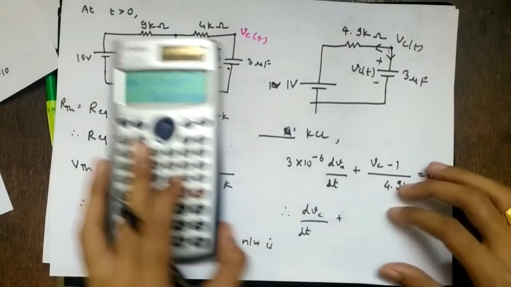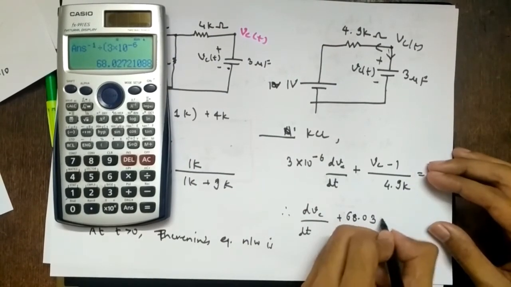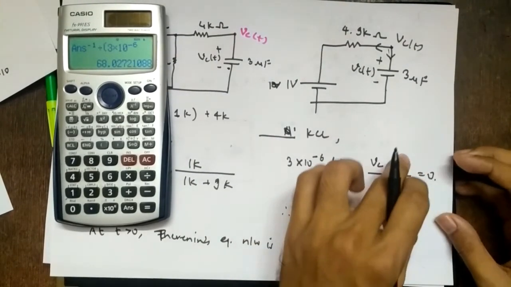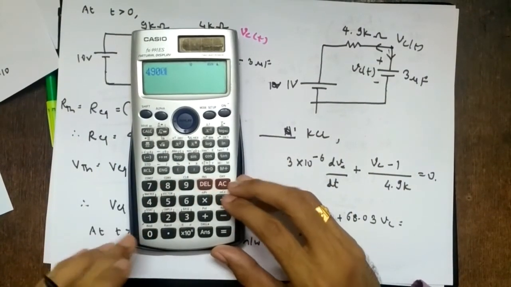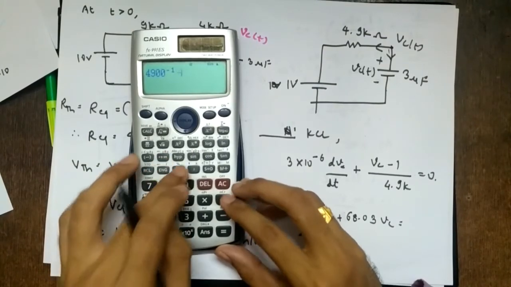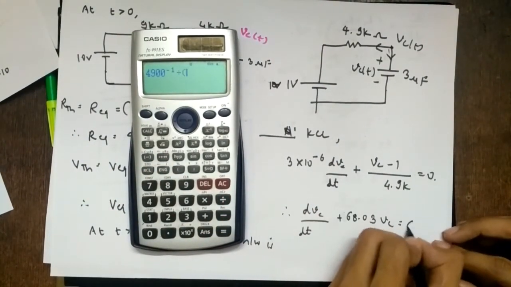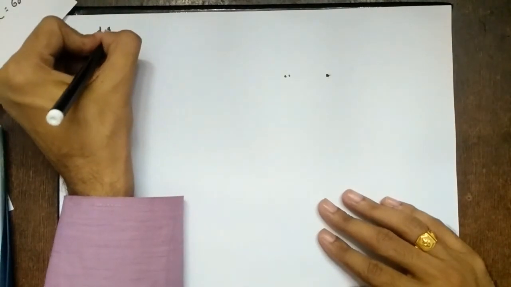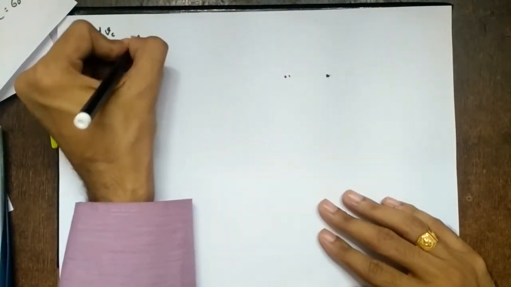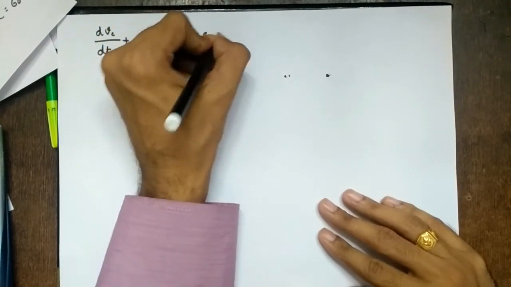So what I get, 68.027, so 68.03 Vc, and this is minus 1 by 4.9k, so 4900 inverse, again divided by the same, so I'll get the same value, and the minus becomes plus, so 68.03, right? So I'll write it here: dVc by dt plus 68.03 Vc equal to 68.03.